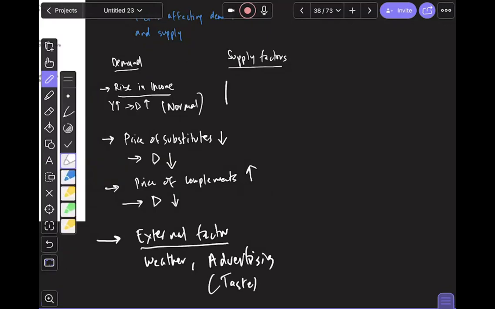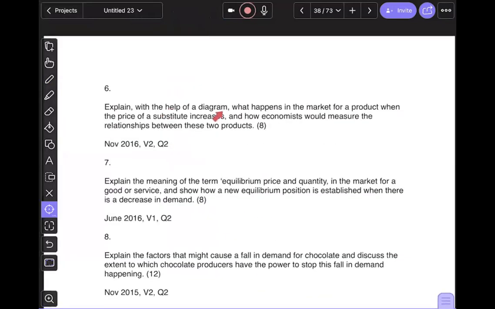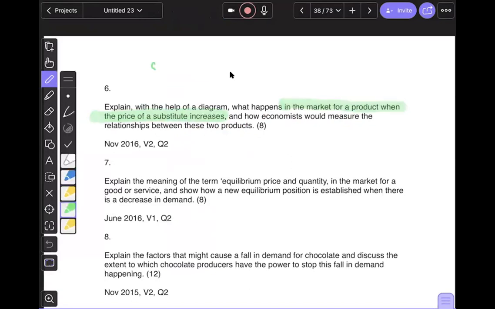Good job. So I want to show you this one. Look at this question: explain with the help of a diagram what happens in the market for a product when the price of substitutes increases, and how economists would measure the relationship between these products. The key word here is substitute, so first we define substitutes.